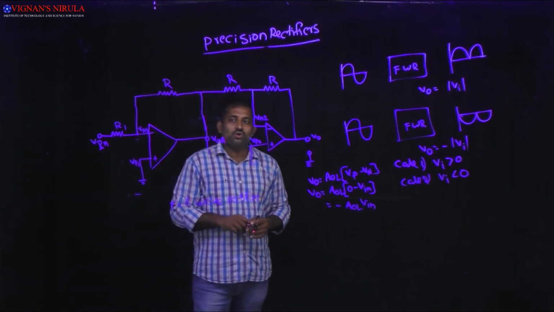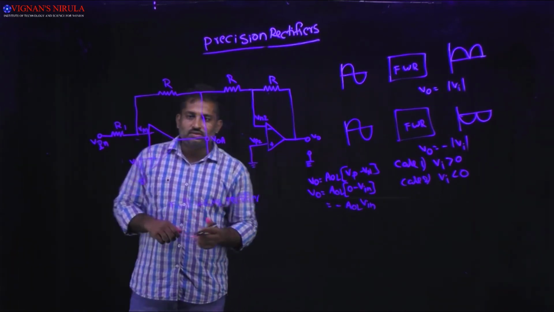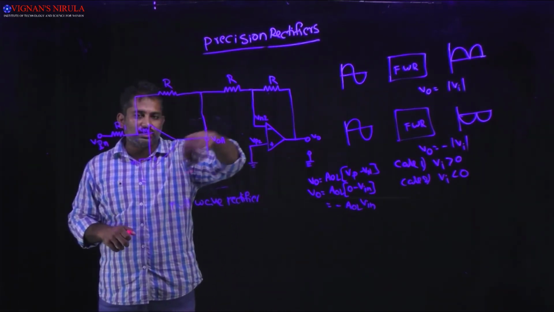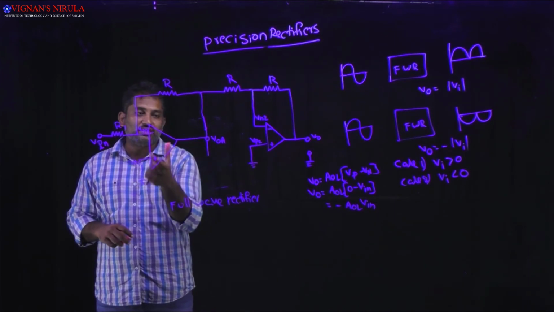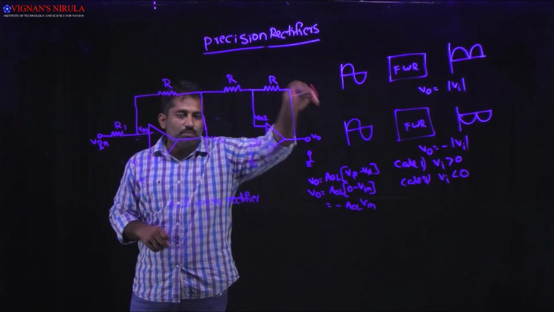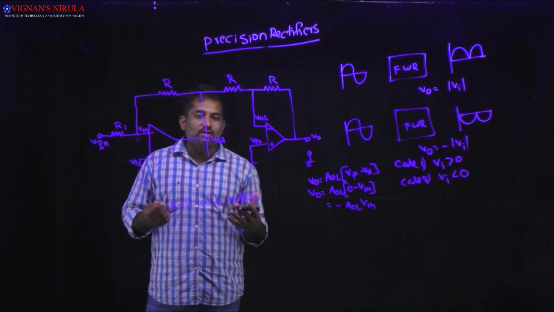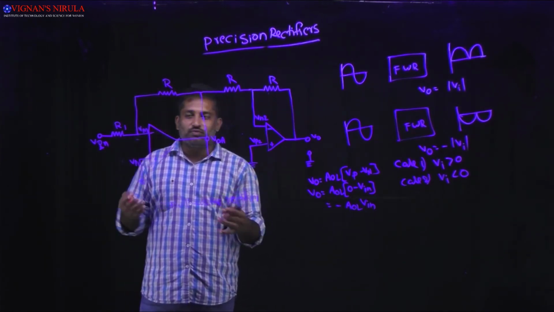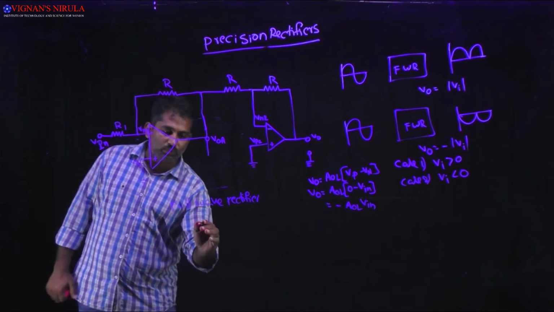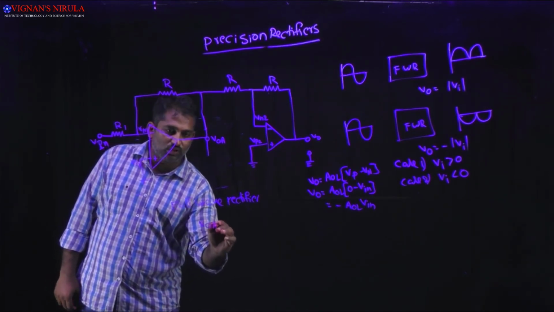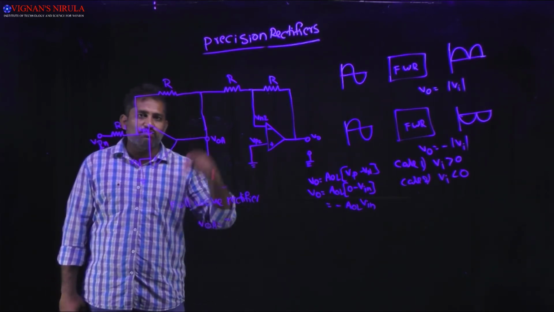Now looking at this circuit, this is converted to an inverting op-amp and this op-amp is also converted to an inverting op-amp. Now tell me what happens at the output of the first inverting op-amp. V naught A will be equal to minus Rf by R1.